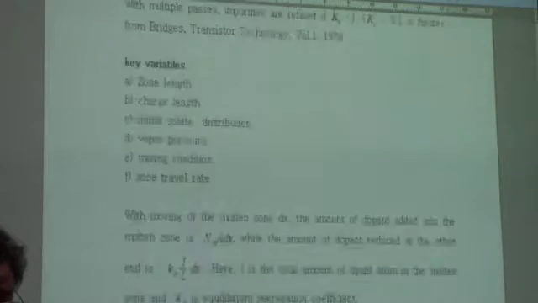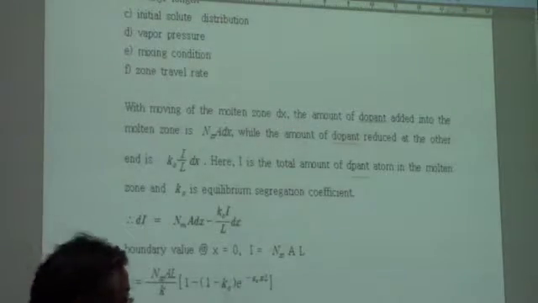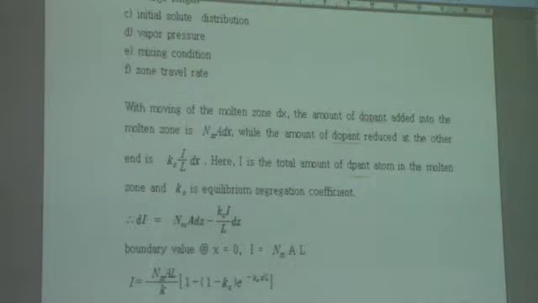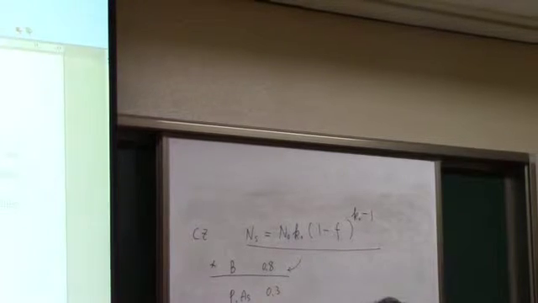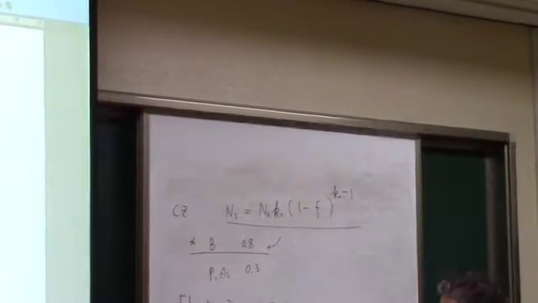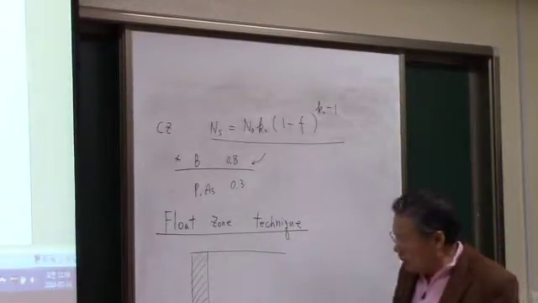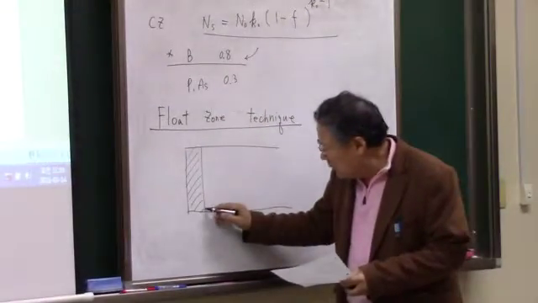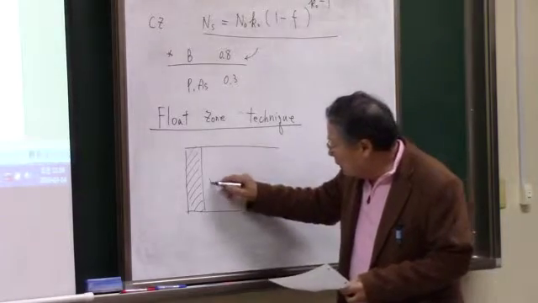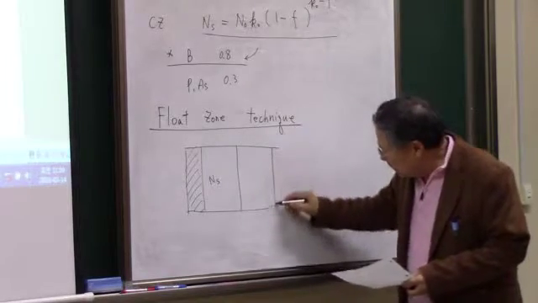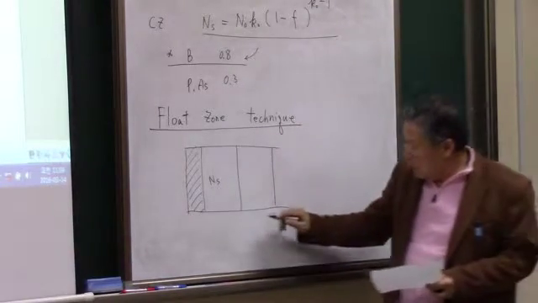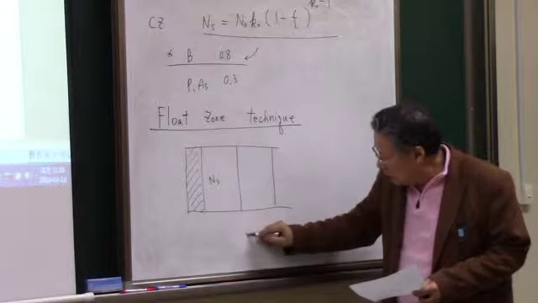In that analysis, let's see, we have the single crystal here, and this is the polycrystal rod to be crystallized, and this is the solidified part and the liquid zone, or molten zone.